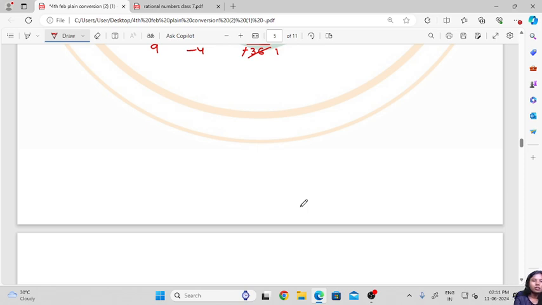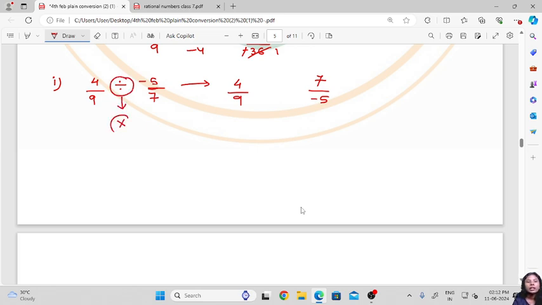So now let's solve one example for division. Say I have 4 by 9 divided by minus 5 by 7. Now here we can do one simplification. I told you about reciprocals. When I take the reciprocal here, I'll have 7 by minus 5, and the division sign will change to multiplication.